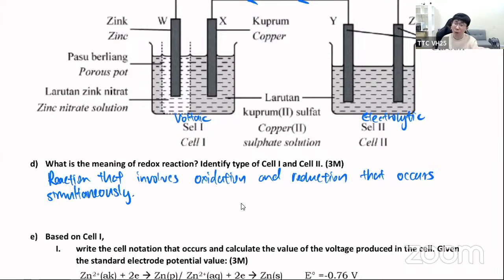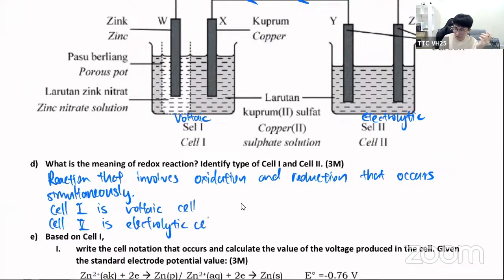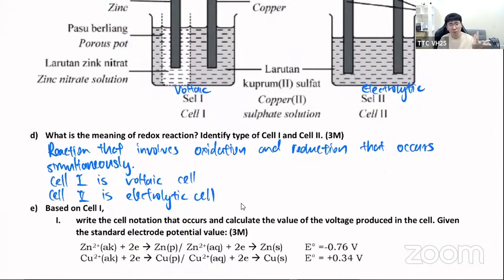Then cell 1, cell 2, we just found the answer. So we can say cell 1 is a voltaic cell, and cell 2 is an electrolytic cell. Okay, easy 3 marks.